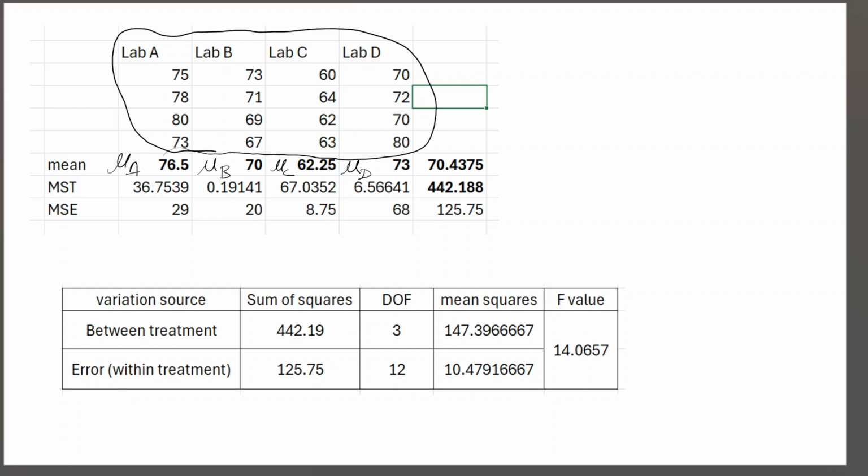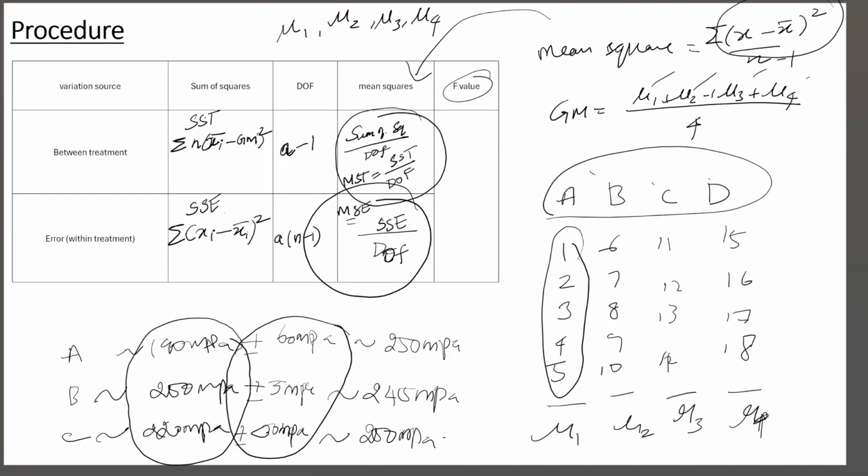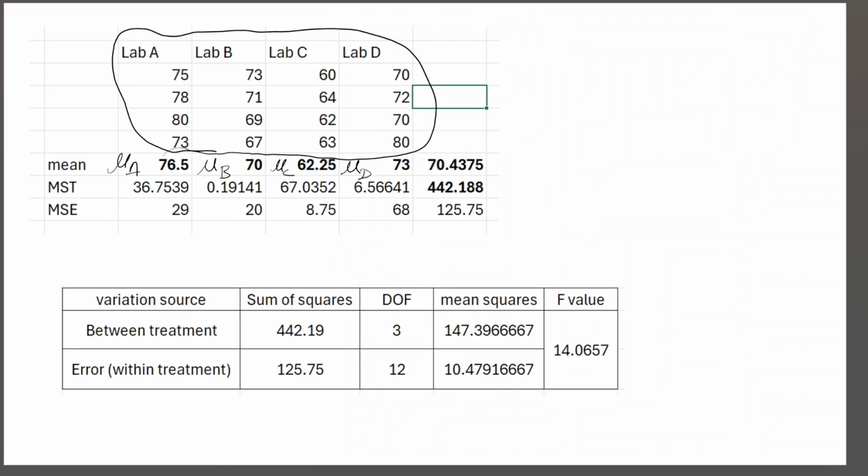Then, as you have seen in that table, I found the sum of the squares for each condition. The sum of the squares is nothing but the square of the difference from the mean, summed up.